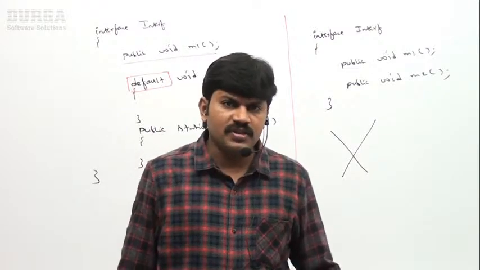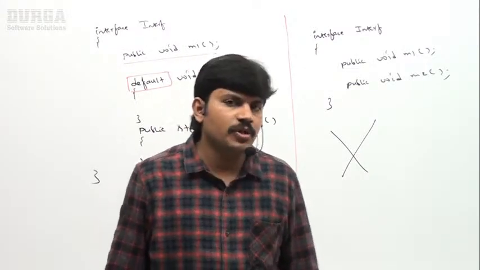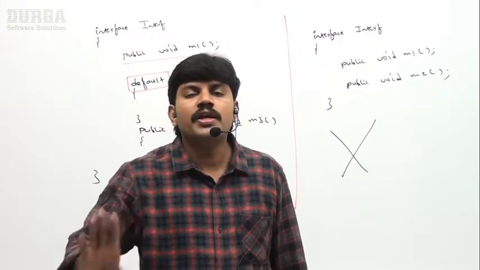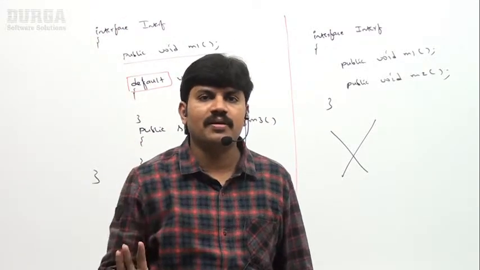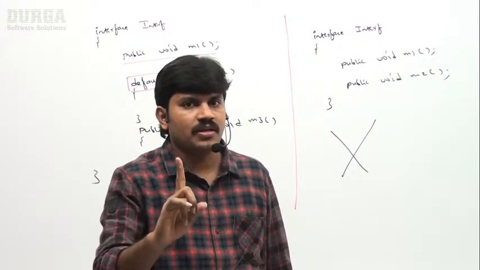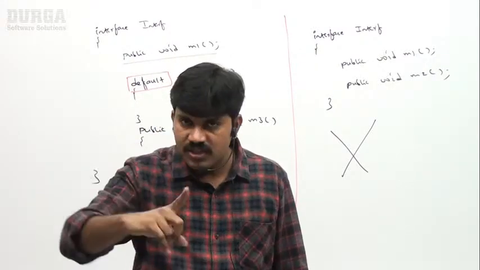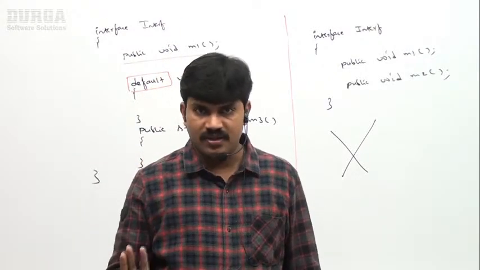Sir, inside a functional interface, is it possible to take default methods and static methods? We can take default and static methods, any number, no problem at all. The restriction is applicable only to the one abstract method. A functional interface should compulsorily contain exactly one abstract method. Clear for all of you?